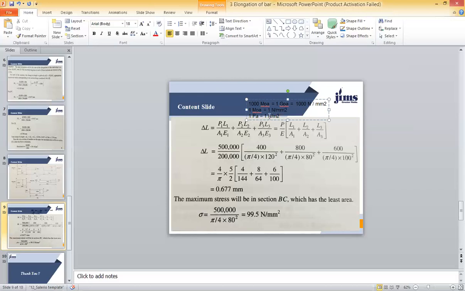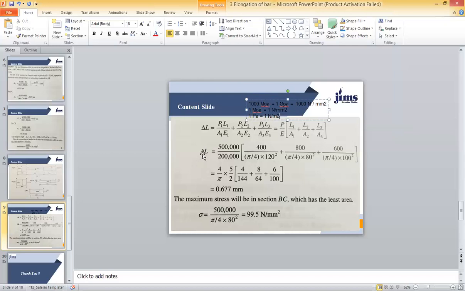It should be clear because in each and every exam you have to face these kinds of problems. You have to convert the units of force, stress, as well as modulus of elasticity.